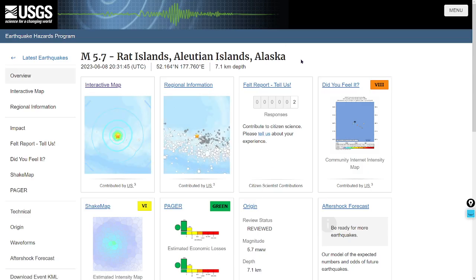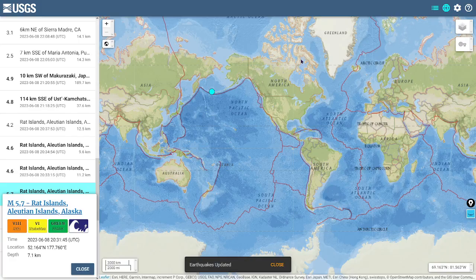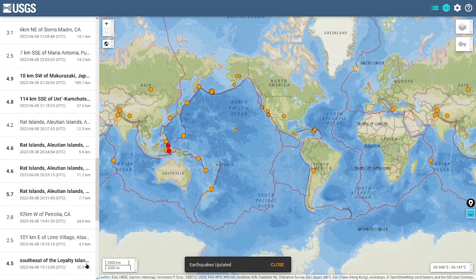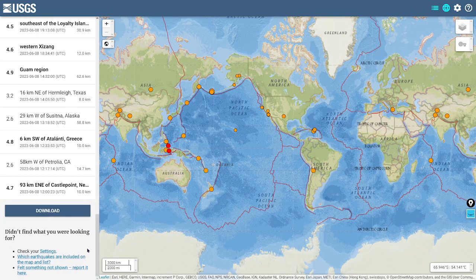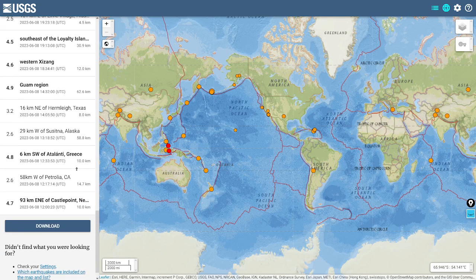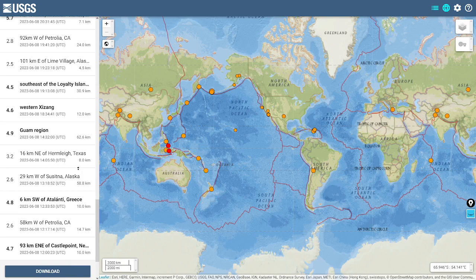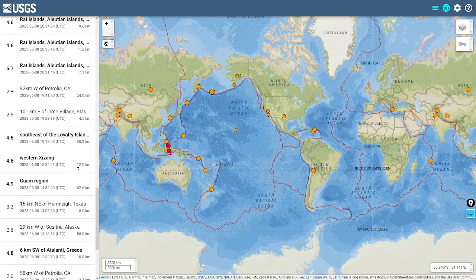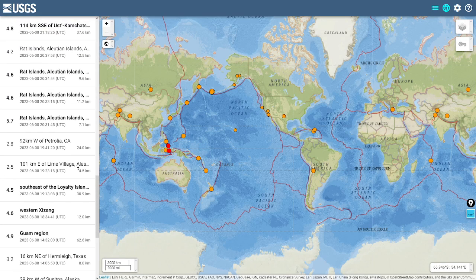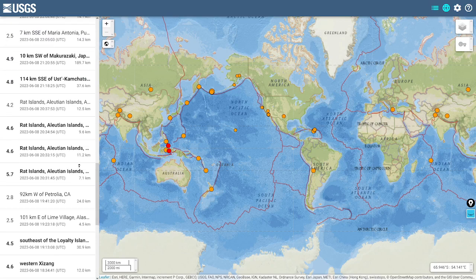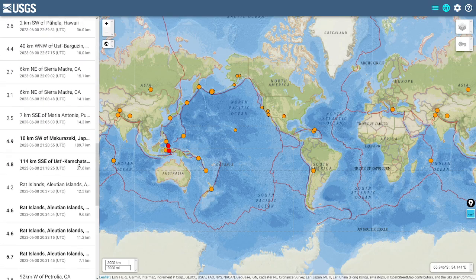It came through at 20:31 yesterday evening, Universal Time, just after 8:30 p.m. Anyway, these are the rest of the quakes that are of a 5 or larger magnitude. Not very many. It's been quite seismically calm here.